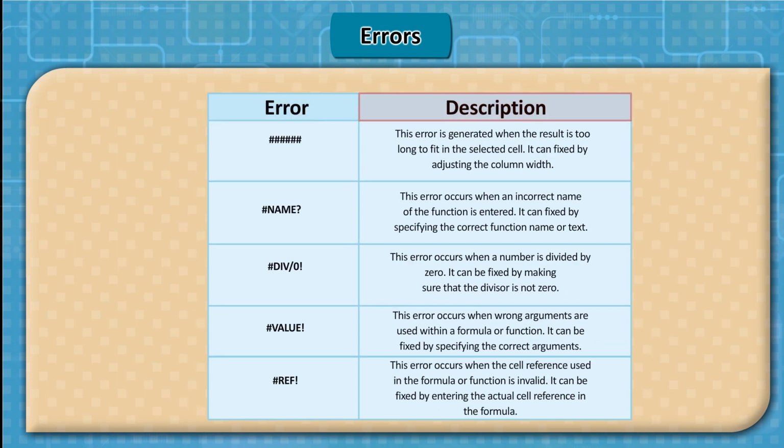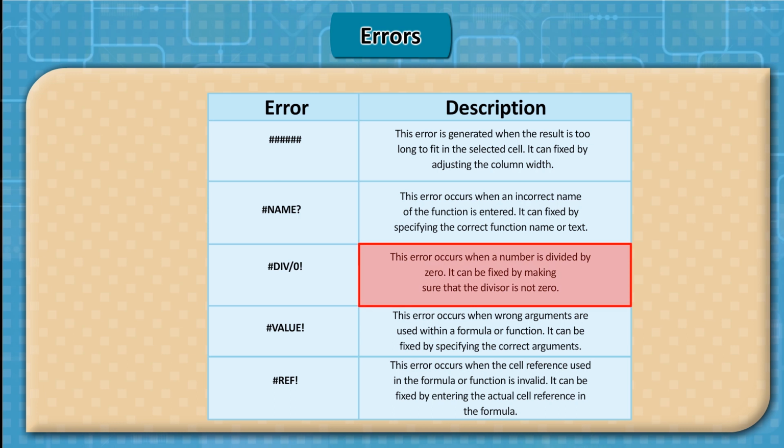Error, description. This error is generated when the result is too long to fit in the selected cell. It can be fixed by adjusting the column width. This error occurs when an incorrect name of the function is entered. It can be fixed by specifying the correct function name or text. This error occurs when a number is divided by 0.